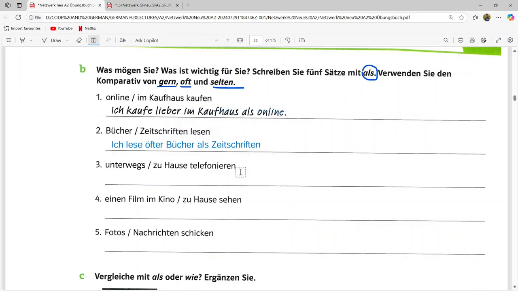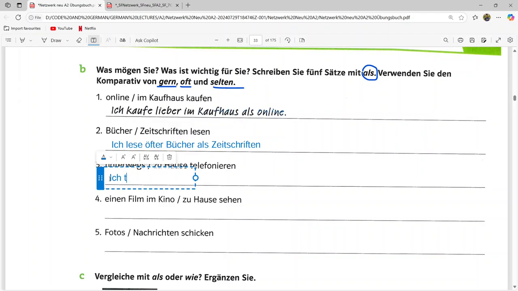Okay. Next one, the verb is telefonieren. Telefonieren means to make telephone calls. So we have to compare making telephone calls outside or while moving, versus making telephone calls in the house. So what do you want to do? Okay, so what do you like? I like to make telephone calls in the house.